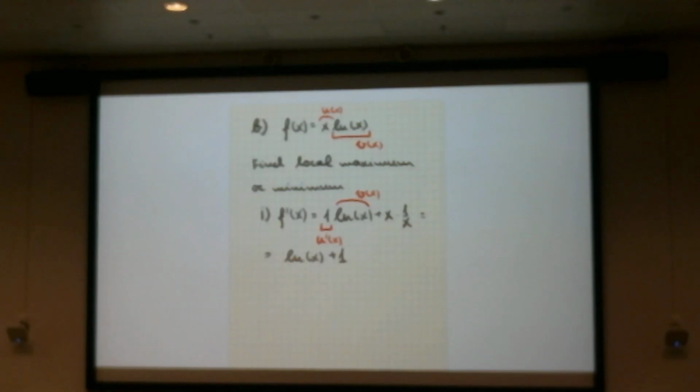Now I need to solve for x value, which makes this derivative equal to 0. So logarithm of x plus 1 equals 0, or logarithm of x equals minus 1.